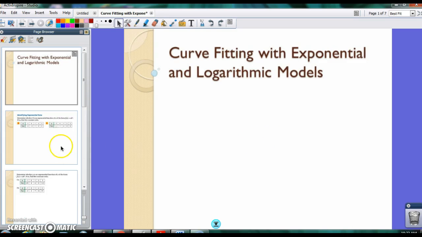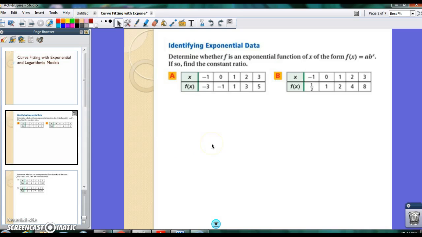Okay, so the first part is determining if we actually have exponential data. We've done stuff like this before. We've looked at different ways to figure out if our data was linear, quadratic, and those sorts of things, by taking the differences and finding out if we get a first difference or a second difference or a third difference, etc. We're going to apply that same sort of theory here.